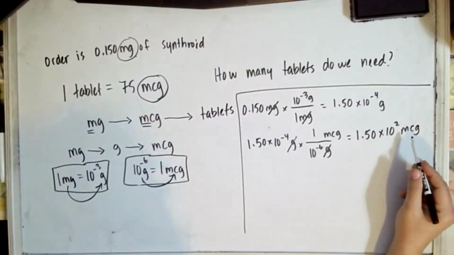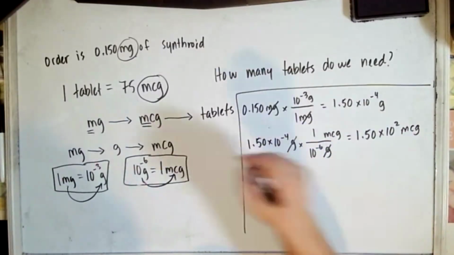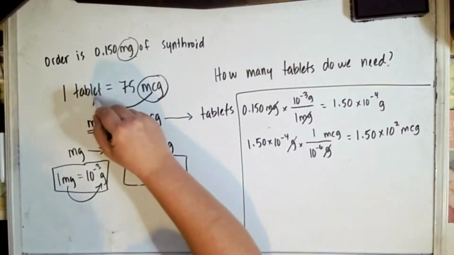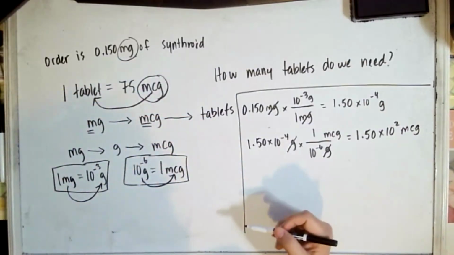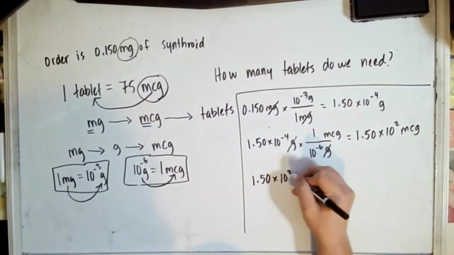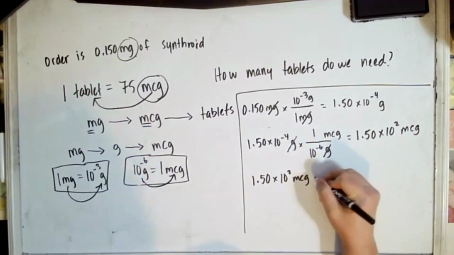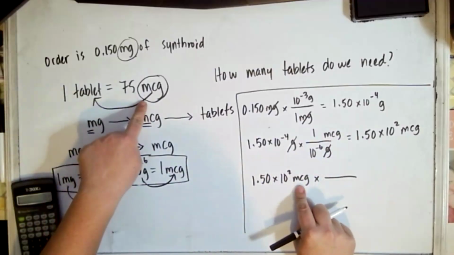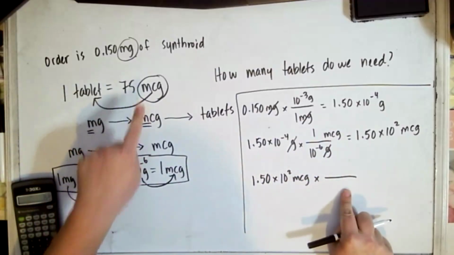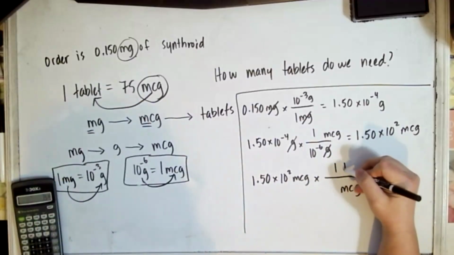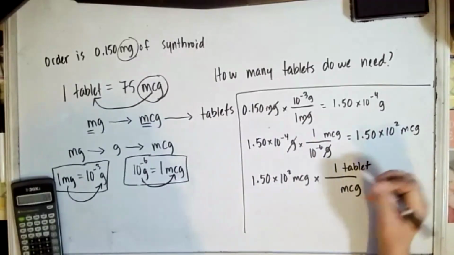Now that we know how many micrograms we have, now we can use our equality that relates our micrograms to our numbers of tablets. So if we have 1.50 times 10 to the 2 micrograms, we're going to want to put our microgram value on the bottom so that the micrograms cancel out, and our tablet up top.